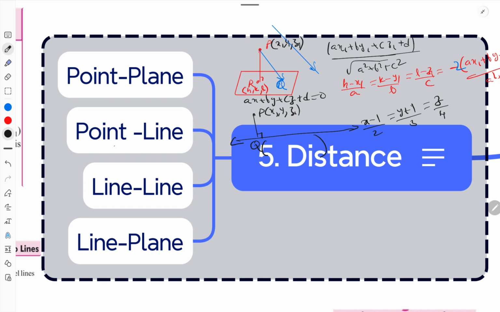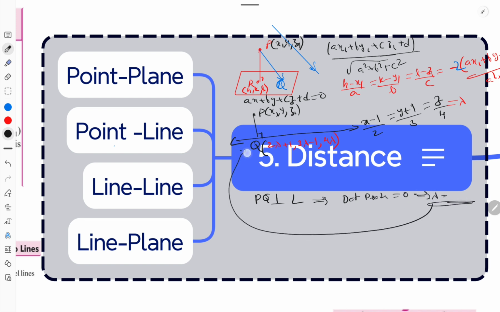We take a general point on this line, equal to lambda: 2 lambda plus 1, 3 lambda minus 1, 4 lambda. Since PQ is perpendicular to that line, the dot product of the DRs is 0. So you take the dot product equal to 0 and get the value of lambda. Substitute it to get the coordinates of Q, then find the distance PQ. This is one way you can do it.